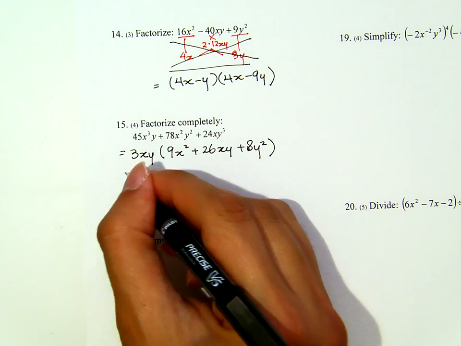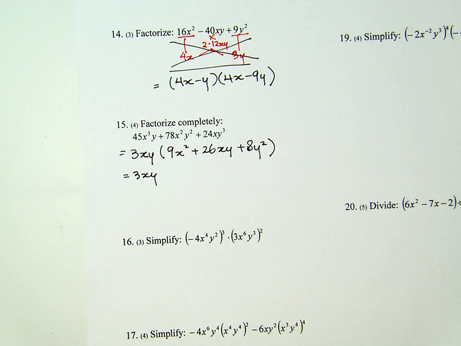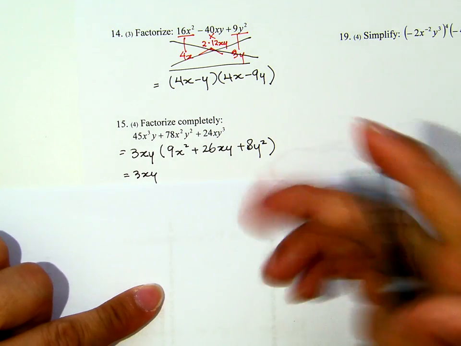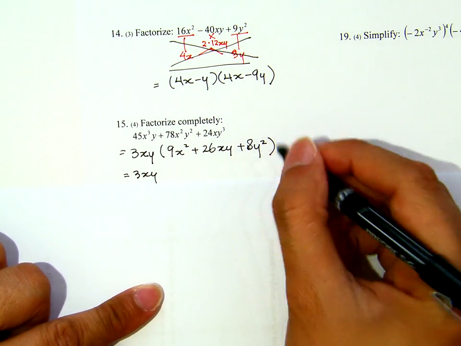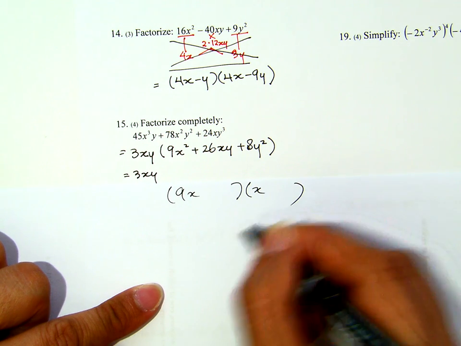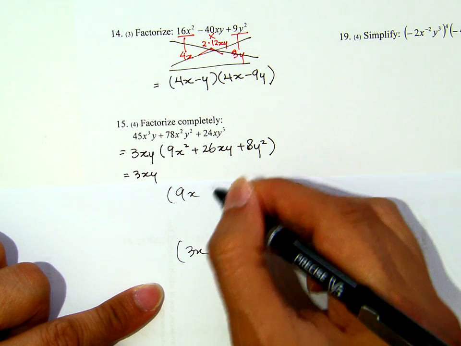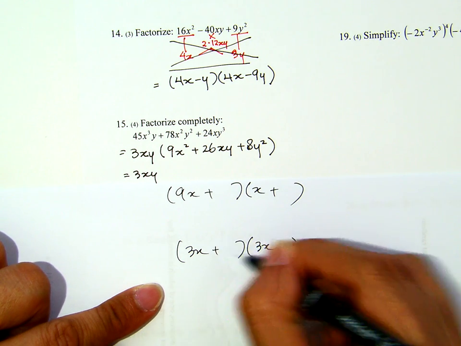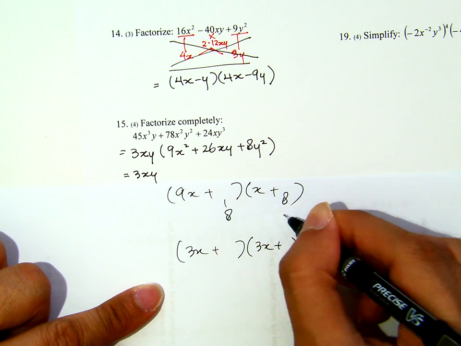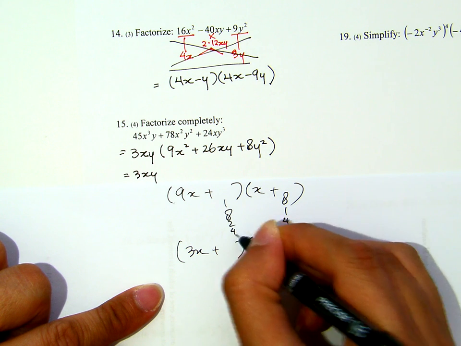Okay, now from here I will factorize the grouping further. That's a trinomial case, right? So it's either 9x and x, or 3x and 3x. The sign will both be positive, and for the 8 is 1, 8, 8, 1, 2, 4, 4, 2.